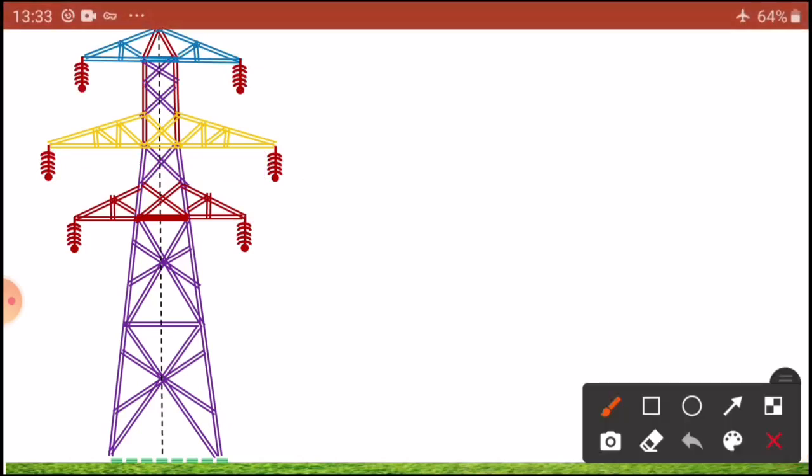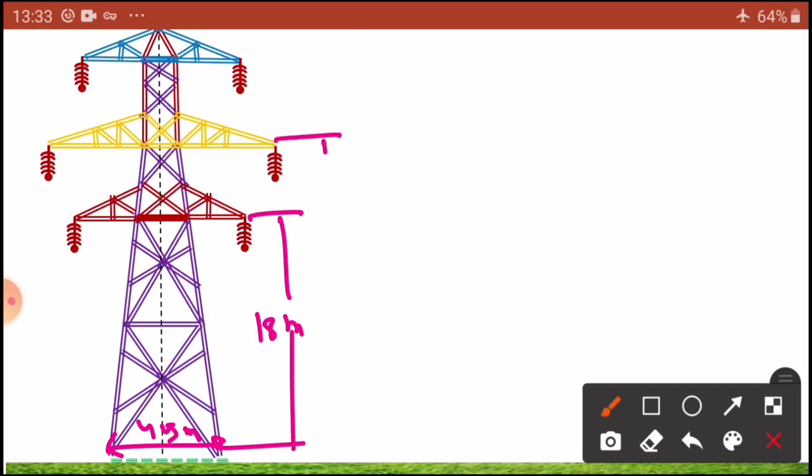So dear students, don't get confused. This height is equal to 4.5 meters, this length is equal to 18 meters, this height is equal to 3.7 meters, this height is equal to 3.7 meters, this height is equal to 2.6 meters.